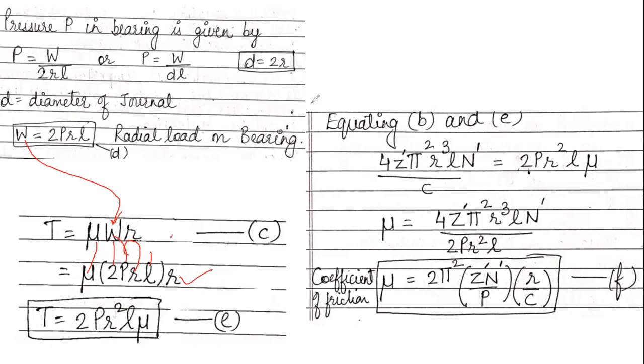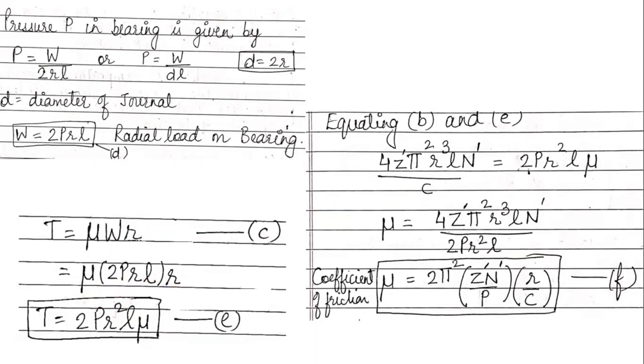Next, I'm going to open the brackets and simplify. So 2 into P, R into R will become R square into L into mu. So the formula becomes 2P R square L into mu.